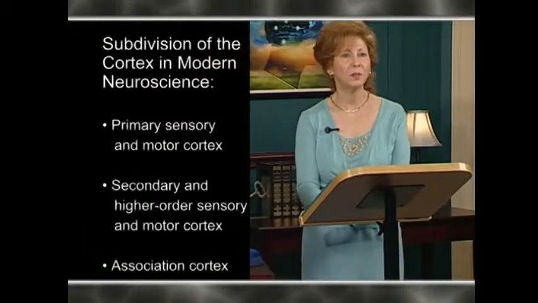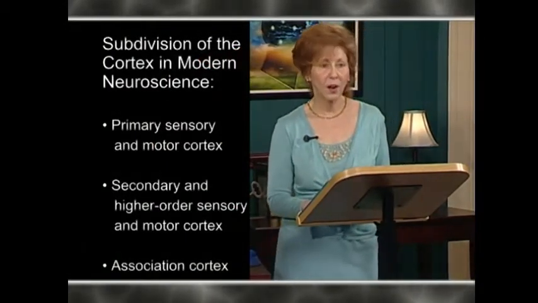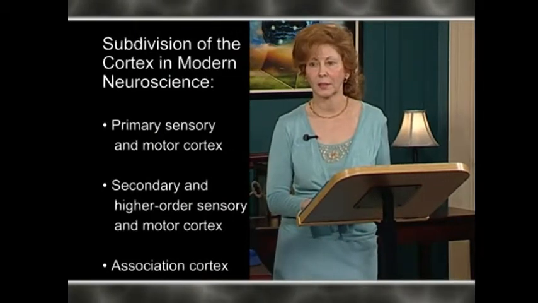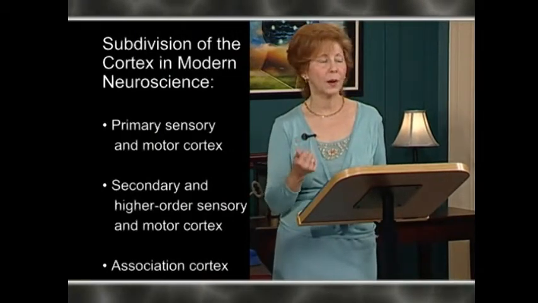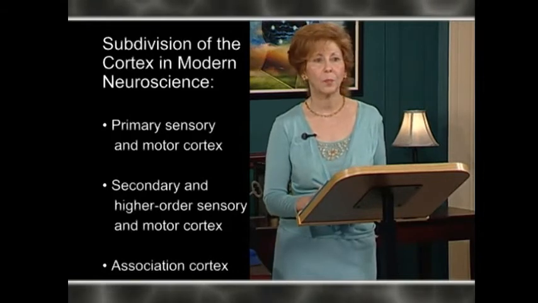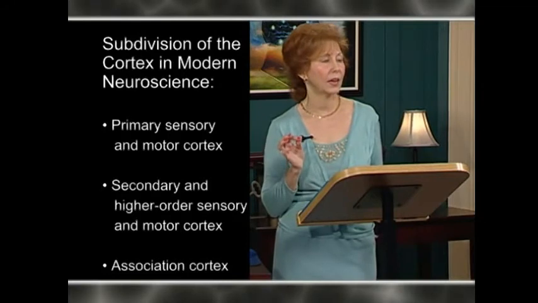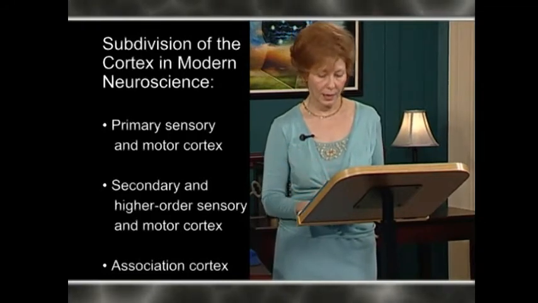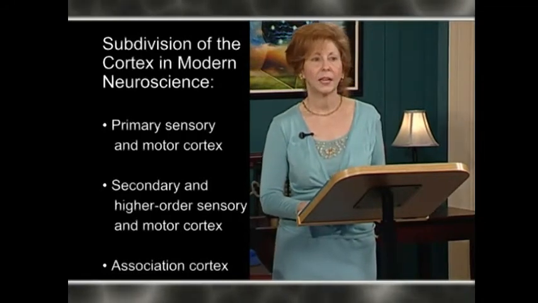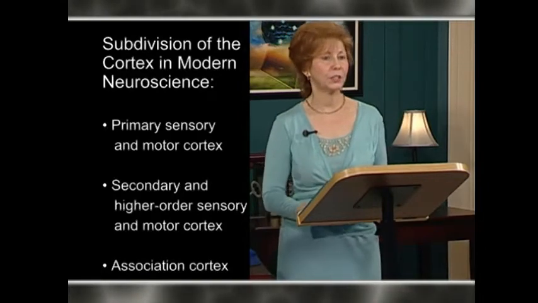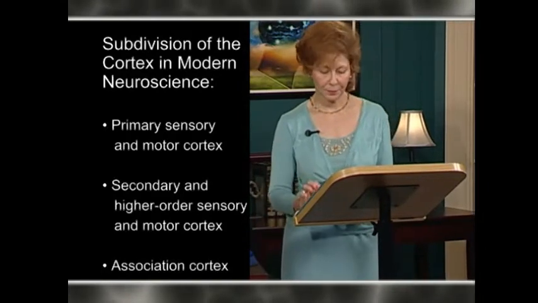So the subdivision of the cortex in modern neuroscience is, yes, we have primary sensory and motor areas, but we also have a huge amount of secondary and higher order sensory and motor cortex. We also have a little bit of association cortex, and we'll come back to that. Now let's think about why we would have so much of our cortex devoted, for example, to sensory information.